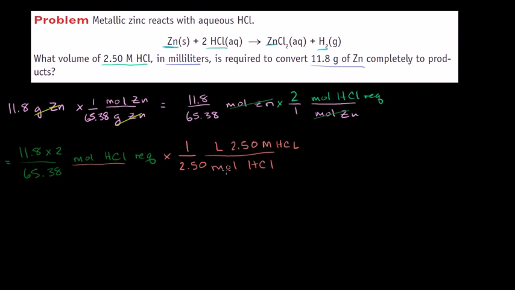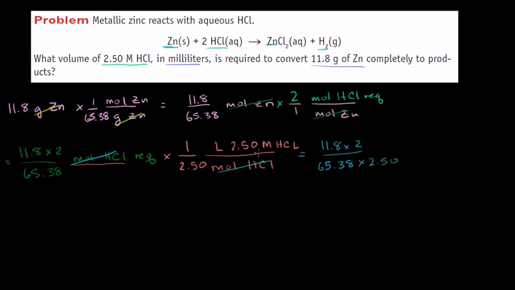And I wrote the moles in the denominator because I wanted to cancel out here. So it's 1 over 2.5. So let's cancel those two out. And then we are left with 11.8 times 2 in the numerator, and in the denominator, we have 65.38 times 2.50.